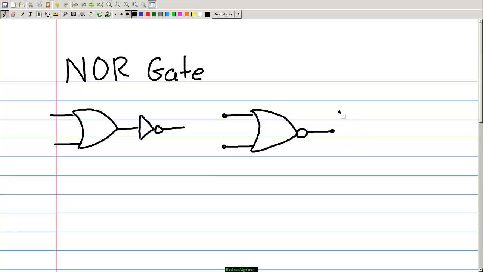And the output again, X is equal to A or B NOT.